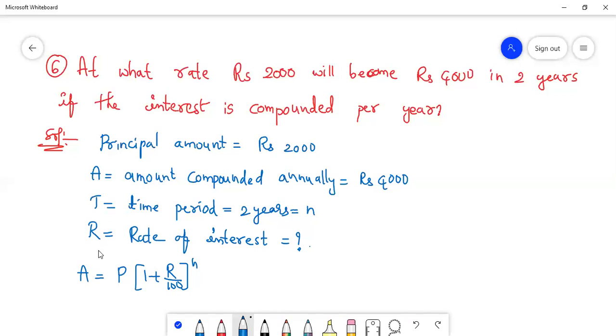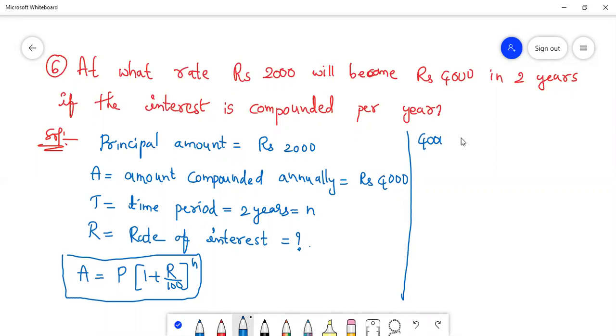In this, we know the amount, the principal amount and the number of years, and we can calculate the rate of interest. From this, A is equal to 4000 rupees, principal amount is 2000, into 1 plus R, we don't know, by 100 whole power n, which is 2 years.